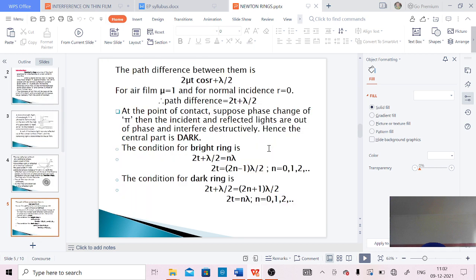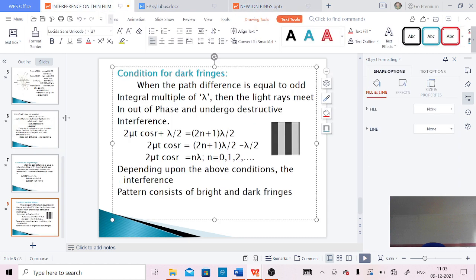So here also a path difference occurs. The path difference between them is 2 mu t cos r plus lambda by 2. Where can we get this equation? We can get this in interference in thin films. You want to see? See here.